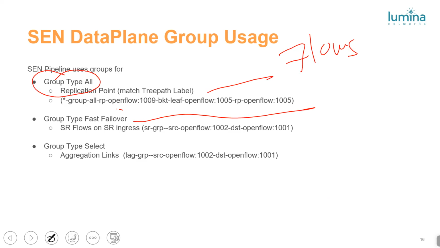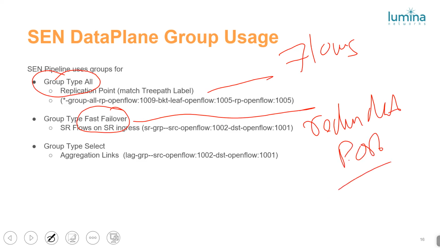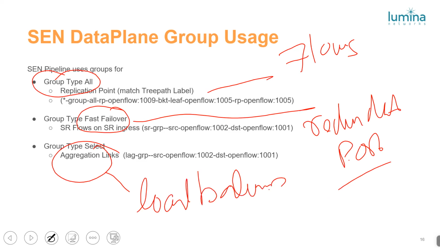If one of the ports is down, then there is a redundant port that can be used to forward the packet. It also does load balancing with the help of the select group. You might have multiple ports combined as one, and then for load balancing purposes, you would forward the packet onto one of the groups. These are the different groups that are used to create the E3 service with the Lumina solution.